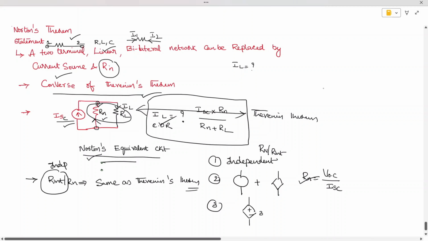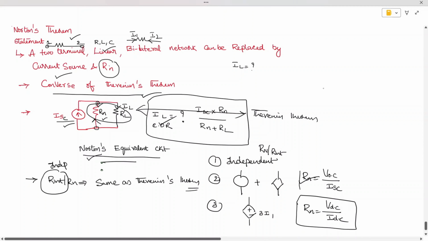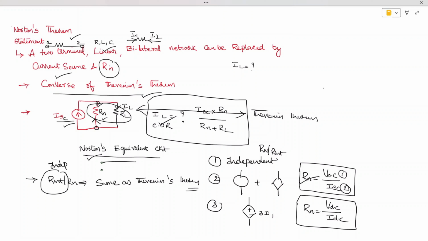Then we can find the Norton's equivalent by applying a DC excitation of VDC and finding the total current drawn by the network, and then we can find R Norton. Here also the procedure is the same: first find the open circuit voltage, short the load and find ISC, then you can find Norton's resistance.